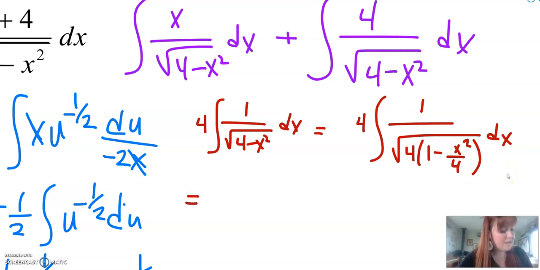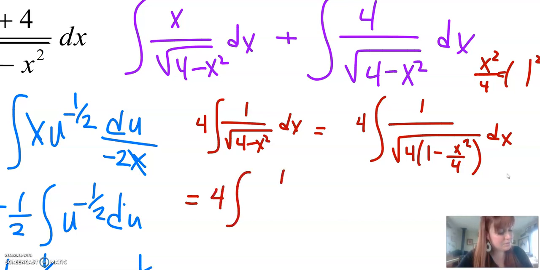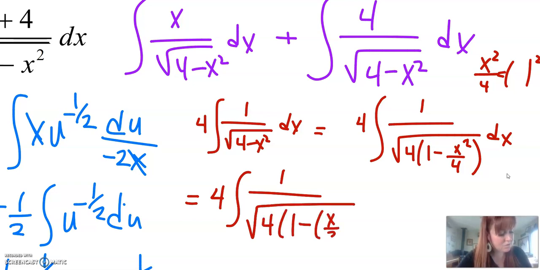Now I want this x squared over 4 to equal some quantity squared, so that I can have a u-substitution. So this is 4 times the integral of 1 over the square root of 4 times 1 minus, that's going to be x over 2, all of it squared.